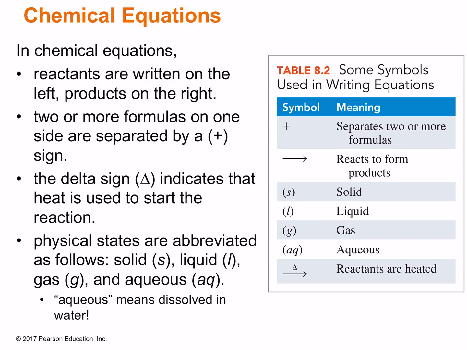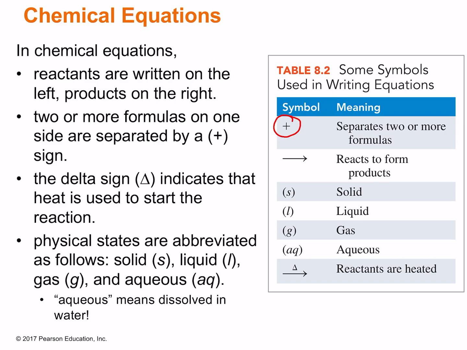If we have 2 or more things that are reacting, then we include this plus sign between them. That's just telling you this reacts with this. And then the arrow will show you the direction of the reaction and is indicating what is being produced in the reaction. It's always going to point at the products.